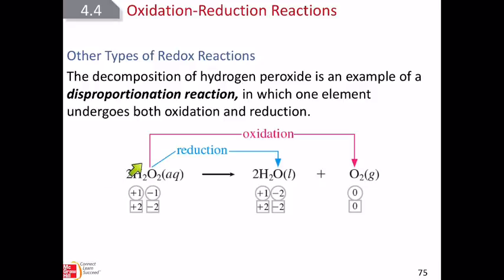So in hydrogen peroxide, here's one of the rare examples where oxygen is not 0 or -2. Because we've got hydrogen and oxygen together, F, H, O. Fluorine, hydrogen. Hydrogen beats out oxygen. Hydrogen wants to be +1. The oxygen has to be -1.